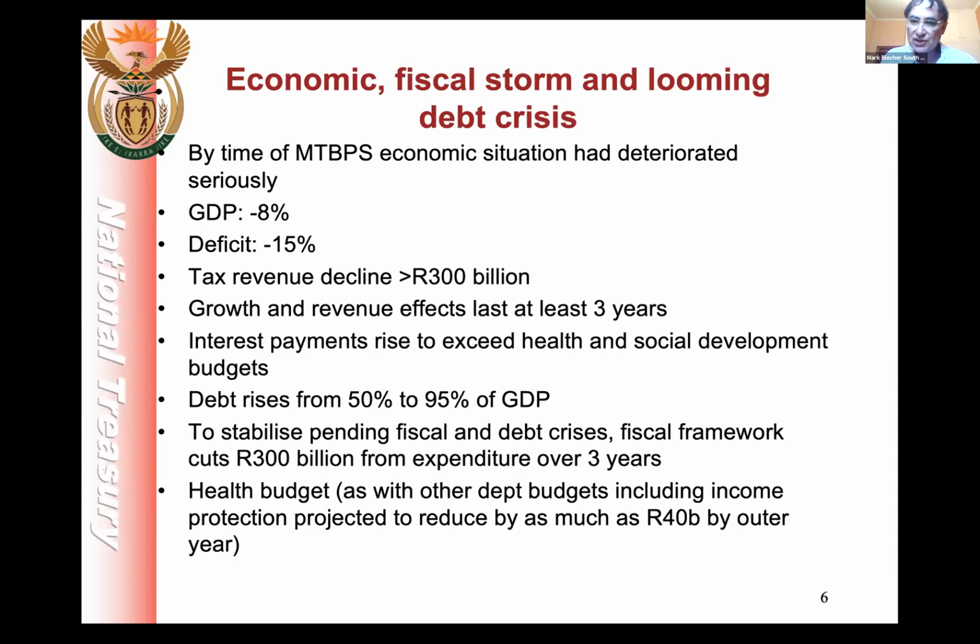And so one sees the fiscal framework starting to be cut in the years going forward, 300 billion coming out of expenditure, the health budget going forward into next year being cut by as much as 40 billion by the outer year, the health department going into a serious second wave, driven by a mutant strain, not that different from the UK, being dealt with by the health department with significant budget reductions because the economy has collapsed and there aren't the fiscal reserves to support it. Next slide.